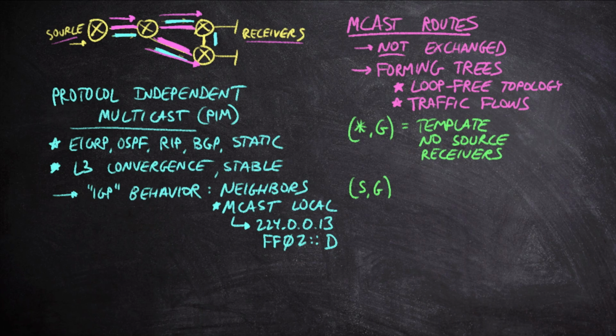So what happens, again, if I have receivers on the network, but I don't yet have a source? Well, we'd install the star, G route. And what the star, G route gives us is a list of outgoing interfaces. Now we have a fancy acronym for this.